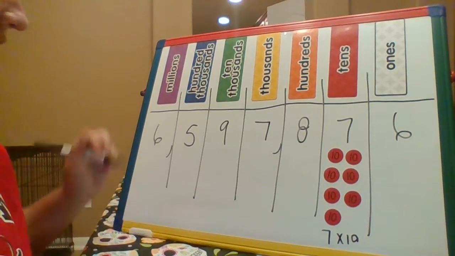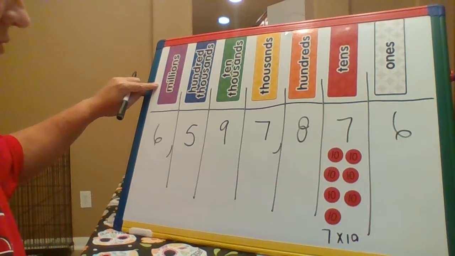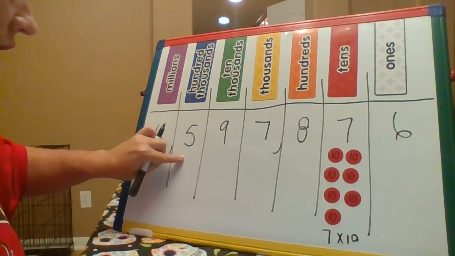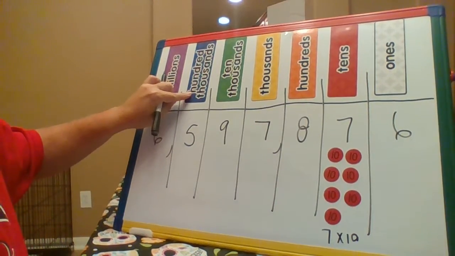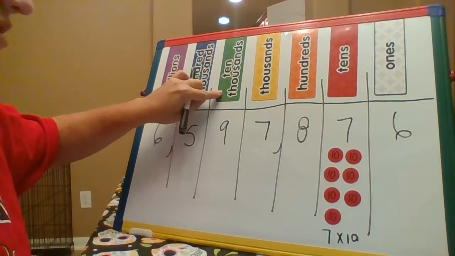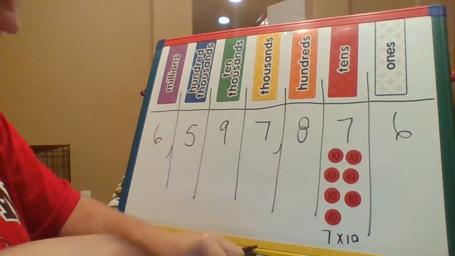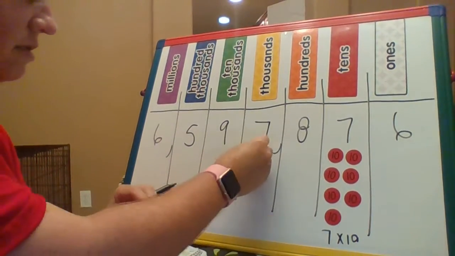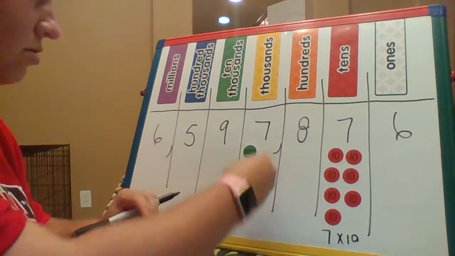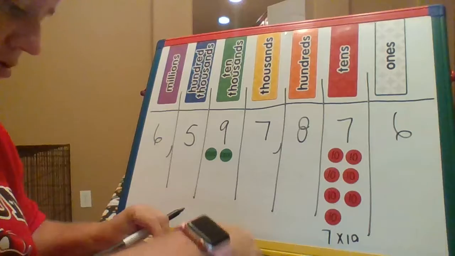Okay. 6 would be 6 groups of a million. So 6 times a million. 5 times 100,000. 9 times 10,000. 7 times 1,000. Again, if I put up all the thousands, these are 10,000s.